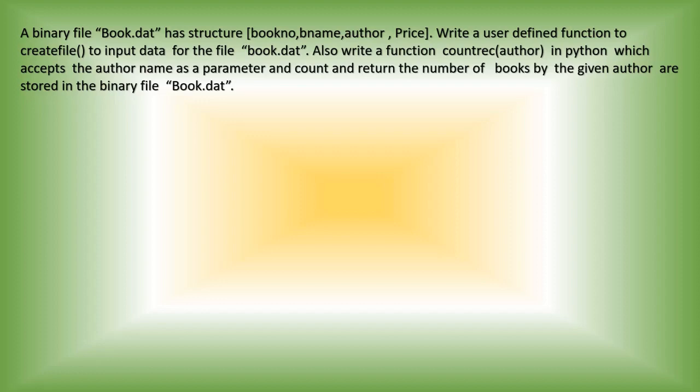In Python, accept the author name as the parameter, and count and return the number of books by that given author stored in the binary file book.dat. So you have to check, for a particular author, how many books are present in the binary file. The author you accept inside the main part of the program, and when you call the function, you pass that author as an argument.